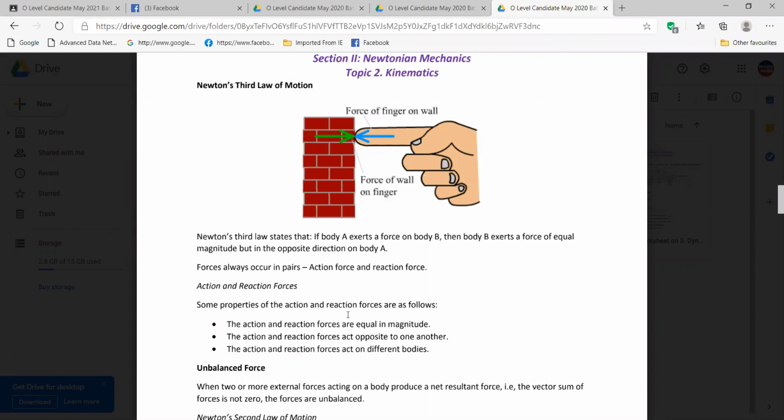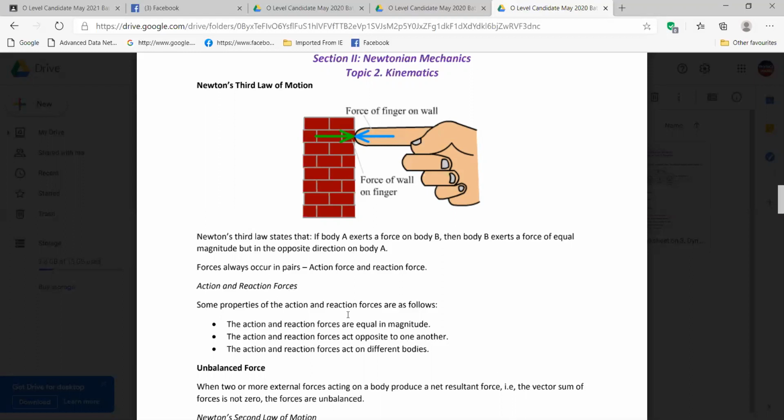But in the first law, we have the forces working on the same object. Like there is one object or one person on which two forces or more than two forces are working together, but the resultant force is zero.